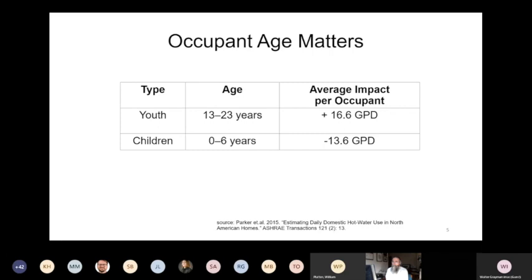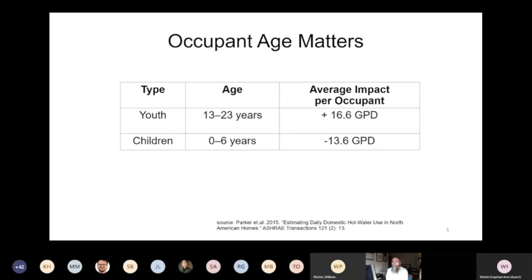It turns out the age of the occupant matters. If you're designing a building and you don't know the age of the occupants or the expected occupancy pattern, you can't account for this. But if you're trying to do a specific type of building with a specific population, then you may want to account for it.